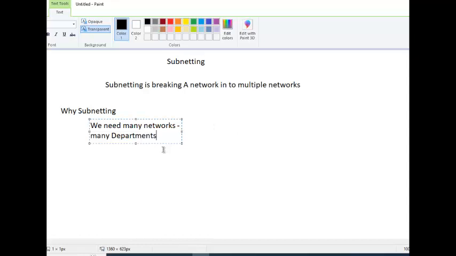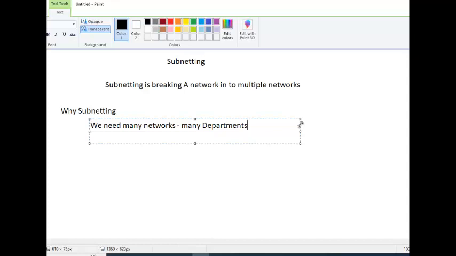Each department needs one separate network. In that way, it is logical separation. I want to have different networks.